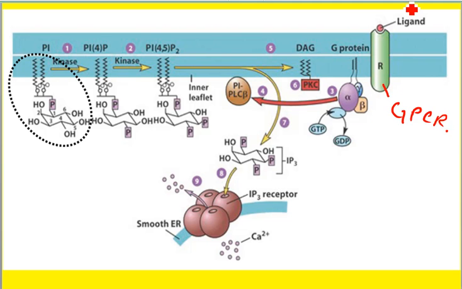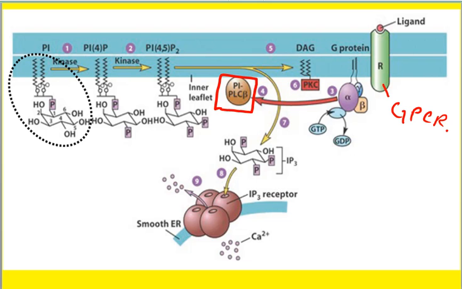When this G protein coupled receptor receives a signal, has a ligand bound to it, this will activate the G alpha subunit. Now if you go back to those videos that we did way back, one of the functions of the G alpha subunits was to activate effectors and second messengers and whatnot, and this PIPLC beta is one of the things that it activates.